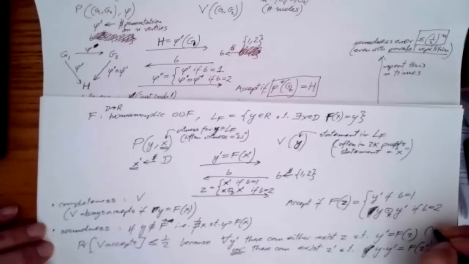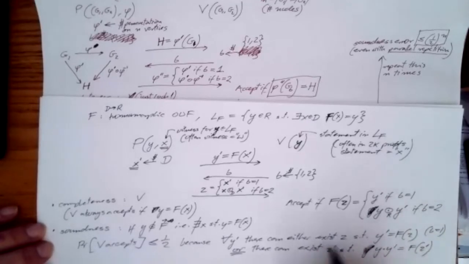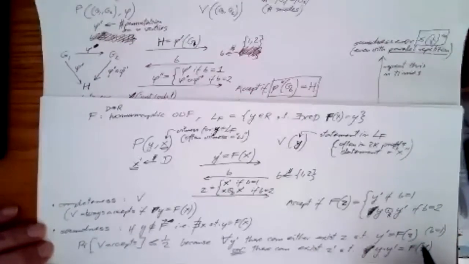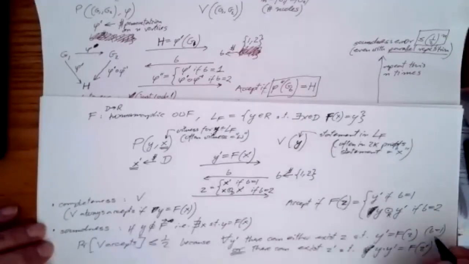So that's checked in the B. If there exists such a z, then the cheating prover can satisfy the b equal 1 challenge. If there exists this z prime that satisfies this relation, then the prover can satisfy the b equal 2 challenge.